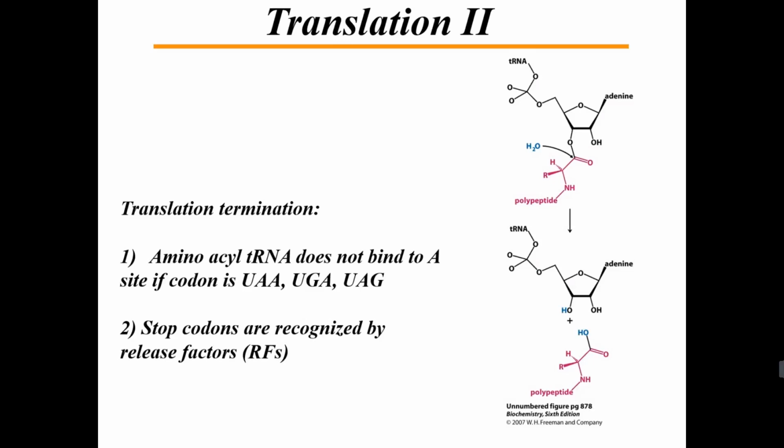Amino acyl tRNAs don't normally bind to the A site of a ribosome if the codon is UAA, UAG, or UGA. As you remember from when we talked about the genetic code, these all indicate a stop in the mRNA transcript.